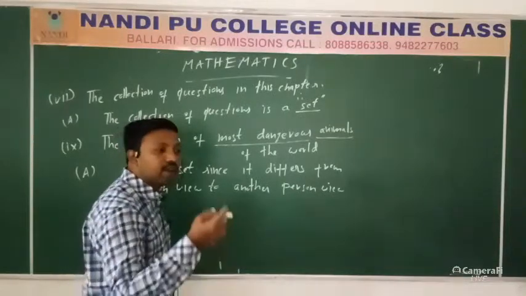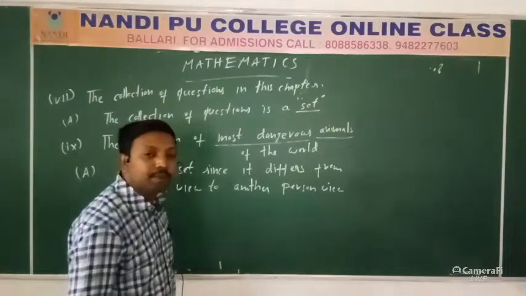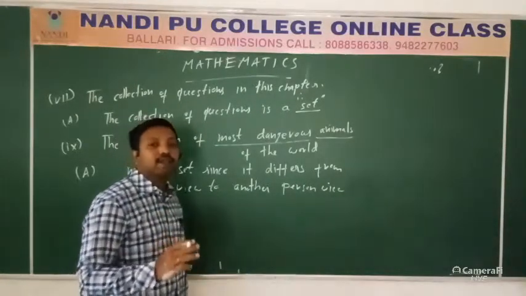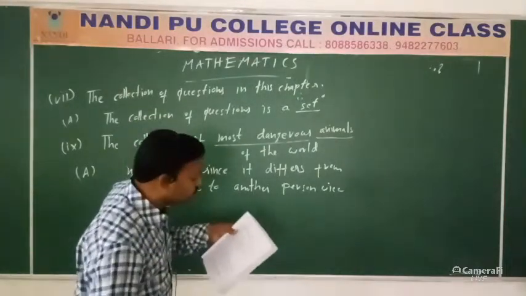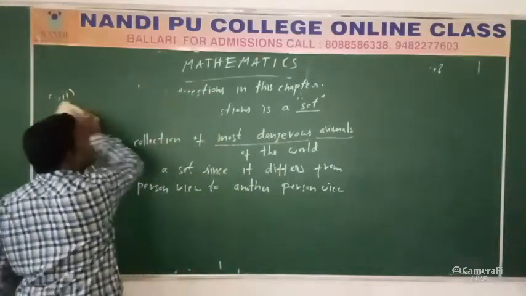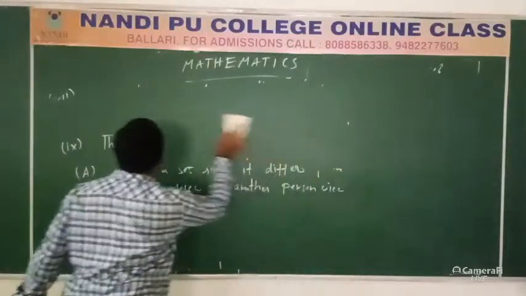One will think that one item is very tasty, another will think that it is not tasty. So it differs from person to person, then it is not well defined and hence it is not a set. Right? Next. Note point, a small note is there.